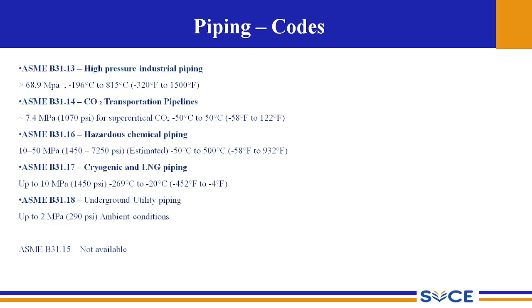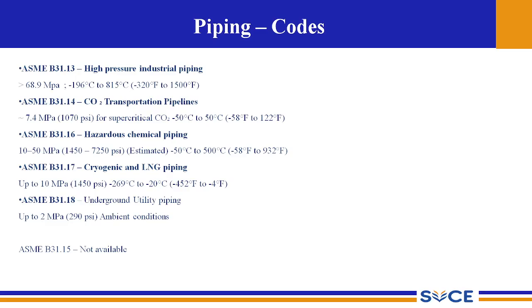Then hazardous chemical piping, we need to follow the codes of ASME B31.16. Here the pressure range is 10 to 50 megapascal, and the temperature is from minus 50 degrees centigrade to 500 degrees centigrade. In the case of ASME B31.17, which are applicable to liquefied natural gas and cryogenic pipelines, up to 10 megapascals and minus 269 degrees centigrade to minus 20 degrees centigrade.